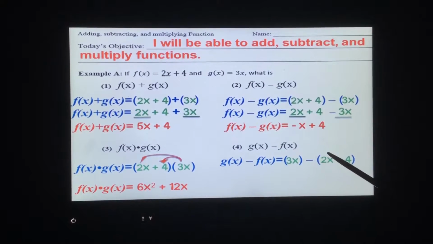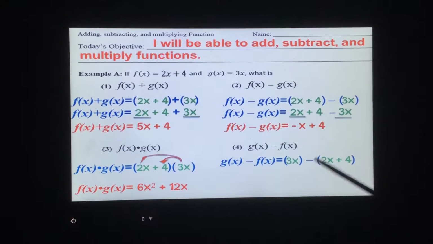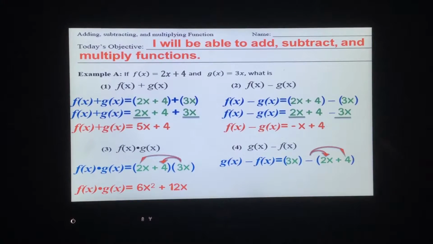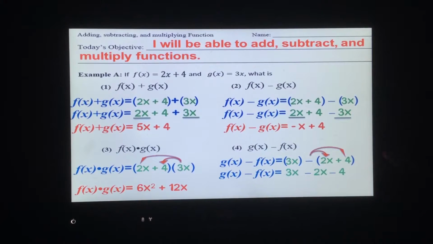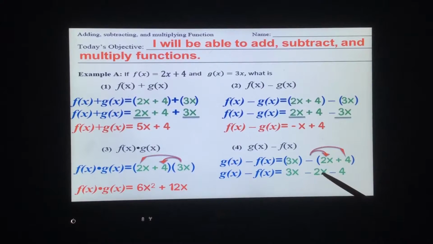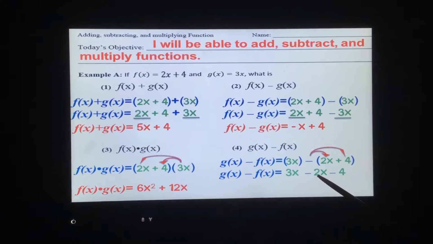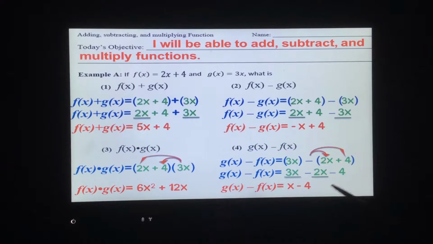Negative distributes into the 2 to be negative 2, and into the 4 to get you a negative 4. That's going to get us 3x minus 2x minus 4. Over here, 3x minus 2x is just going to be 1x, and then the negative 4 is just going to come down because there's nothing to combine with it.